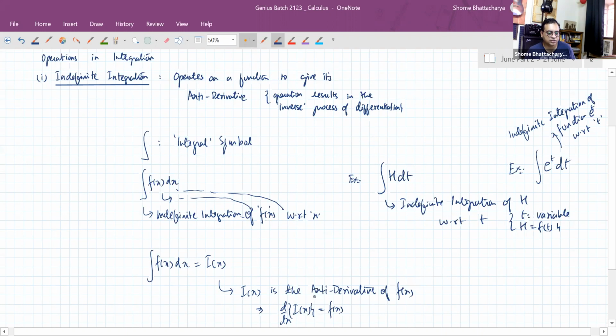This is the meaning of the term antiderivative. Antiderivative of a function f(x) is such a function I(x) whose derivative gives us f(x). So integration of f(x) is equal to I(x) means differentiation of I(x) is equal to f(x).